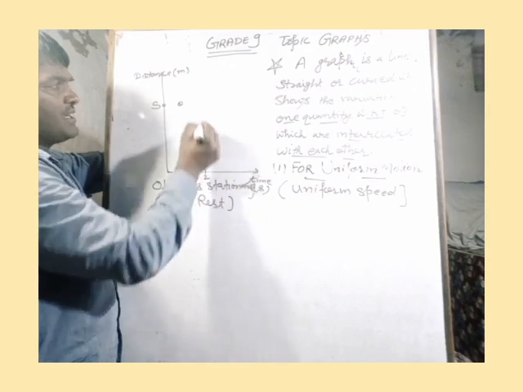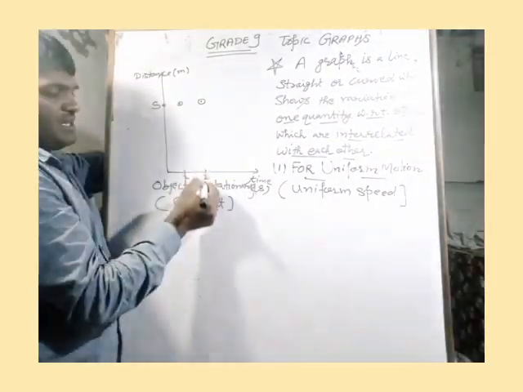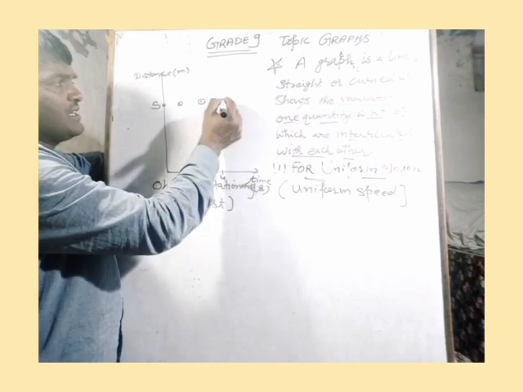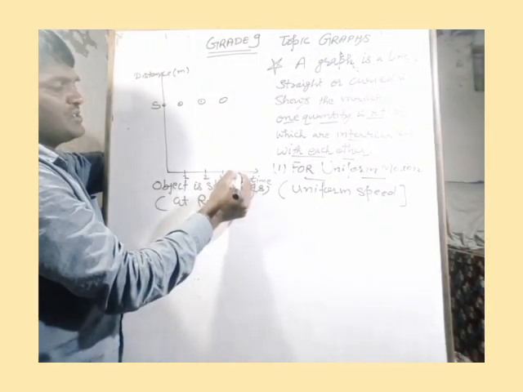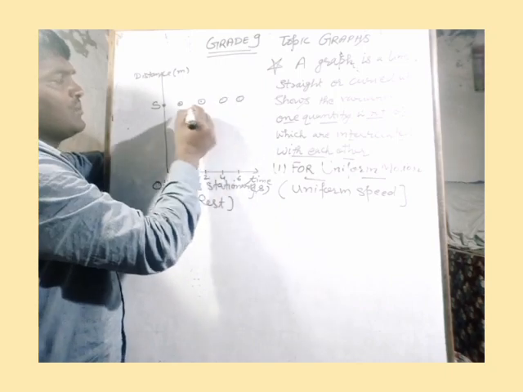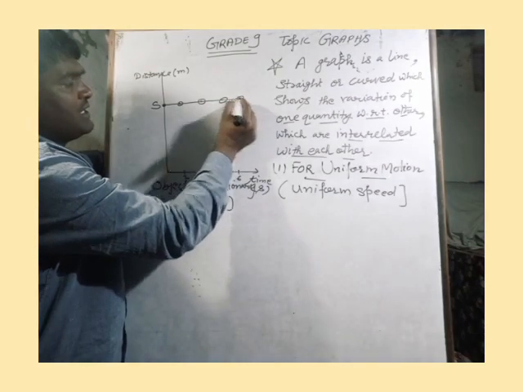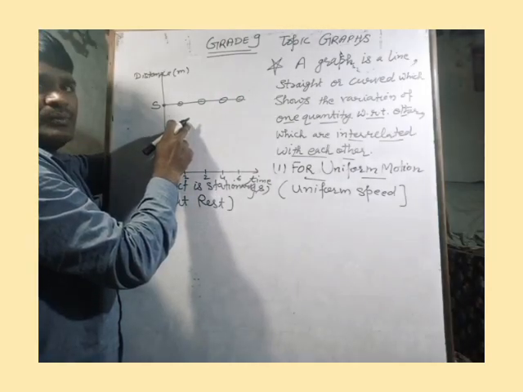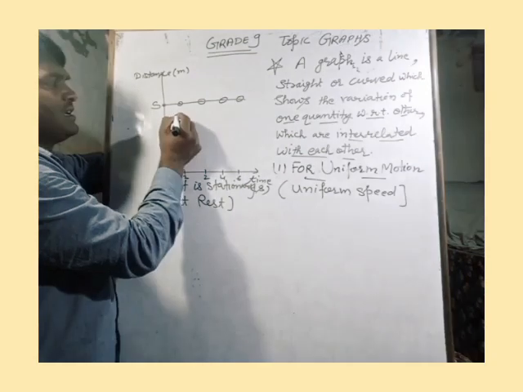After the next 2 seconds it was at the same point, and again after the next 2 seconds it was at the same distance. When the graph is plotted, this graph will be a line parallel to the time axis.